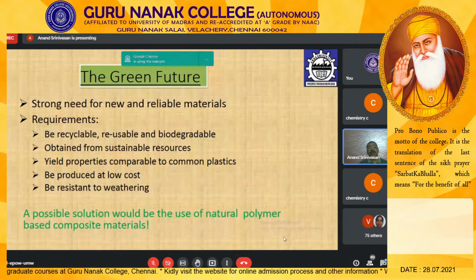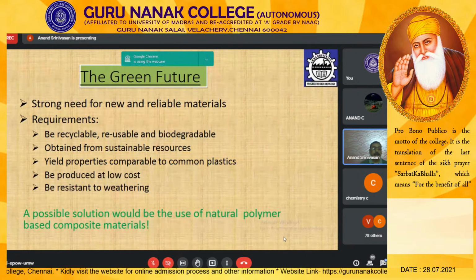So the green future, when you look at it, has a strong need for new and reliable materials, and the prerequisite for this new future is that they should be recyclable. The materials that you are developing should be recyclable, reusable and biodegradable, and they should be obtained from sustainable resources, because I've indicated the path by which you can get biopolymers from agricultural crops, which are going to leave no CO2 to the atmosphere, and yield properties comparable to common plastics.